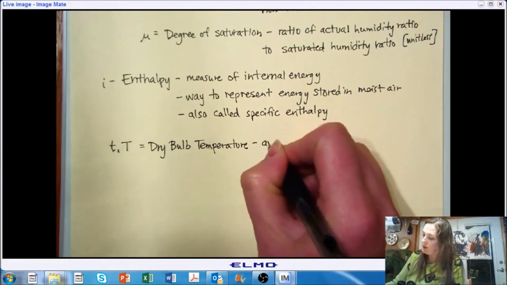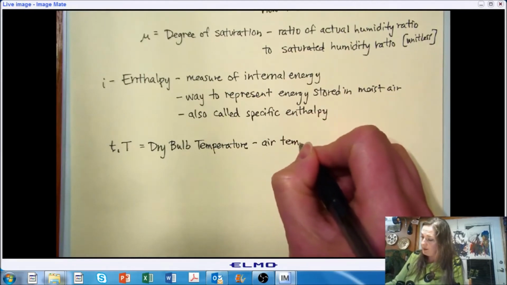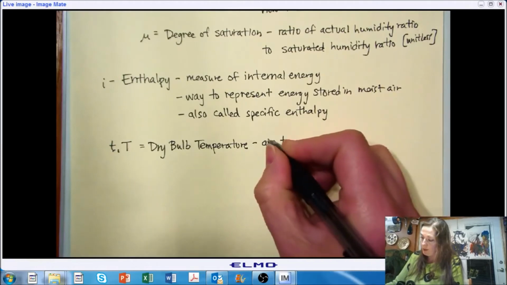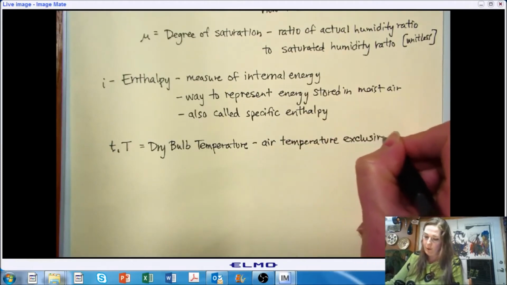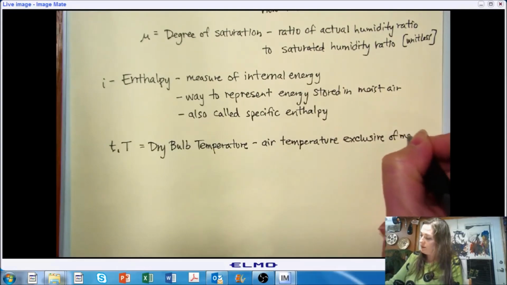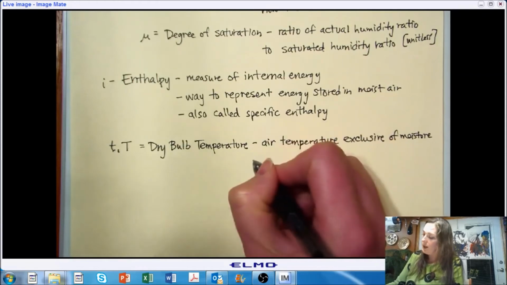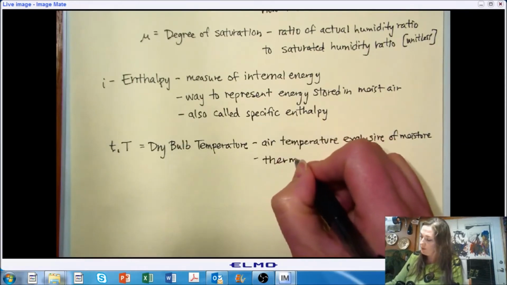Dry bulb temperature is the air temperature that doesn't include any measure of moisture or any relationship to moisture. So I'm going to say it's exclusive of moisture. So there's no consideration of moisture when we take this measure. And it is the true measure of thermodynamic temperature.